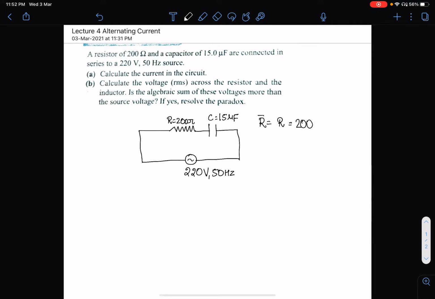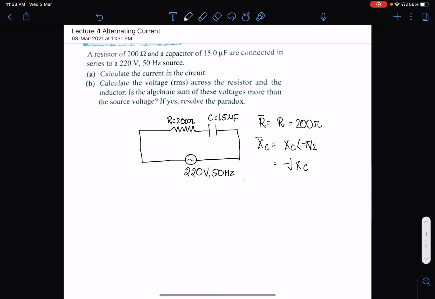The capacitance is given as 15 microfarad. So we'll calculate XC phasor, and we know XC phasor we write as XC angle of minus pi by 2, or also we can write minus jXC.